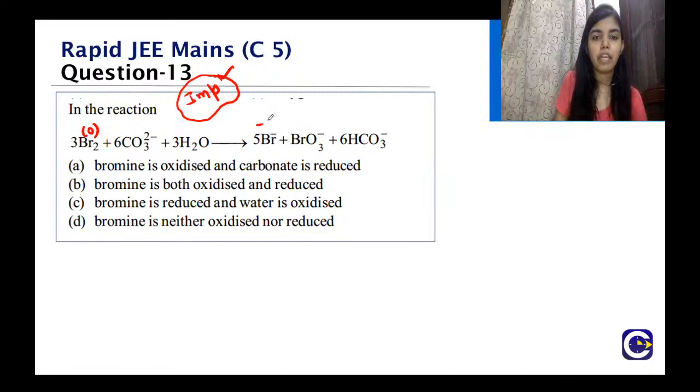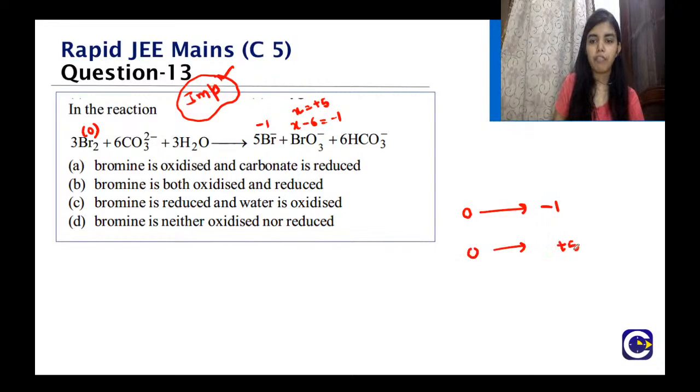In Br negative it is -1. In BrO3 negative, x minus 6 equals -1, so that will be +5. So you can see that from 0 it is going to -1, and from 0 it is going to +5. That means it is undergoing reduction here, and here it is undergoing oxidation.